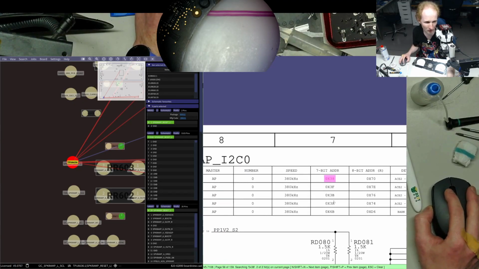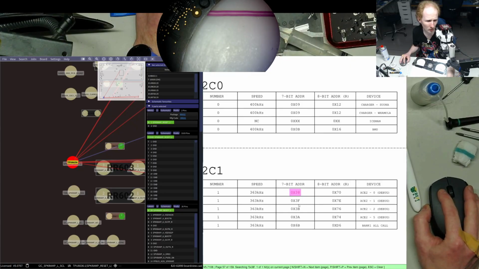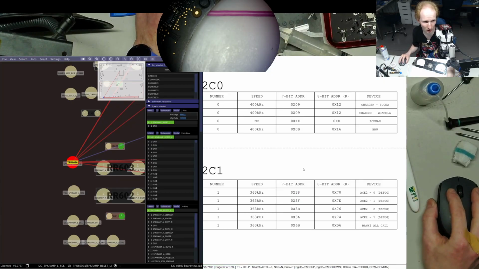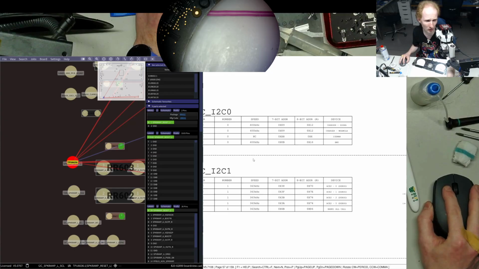So basically this is the way you can actually figure out which one is missing from the line, but we are going to look for a different one, because obviously they reuse the same address on different lines because they are physically isolated from each other, so it's completely fine.